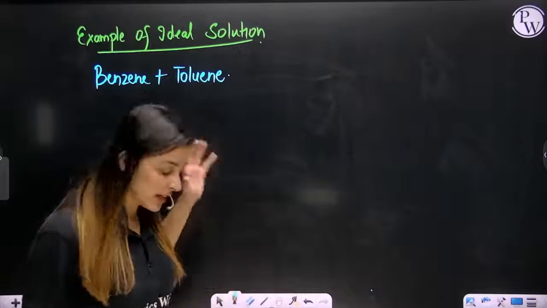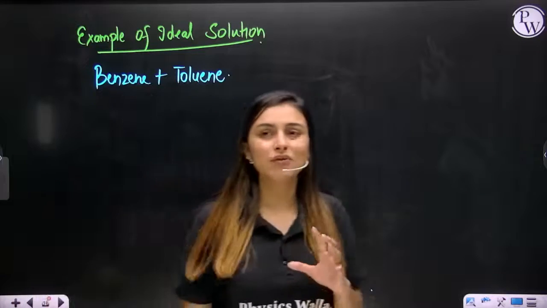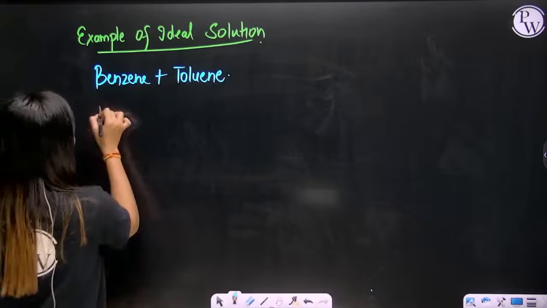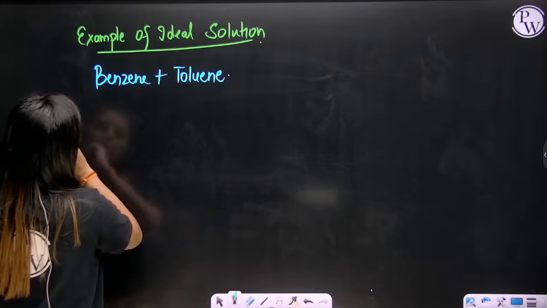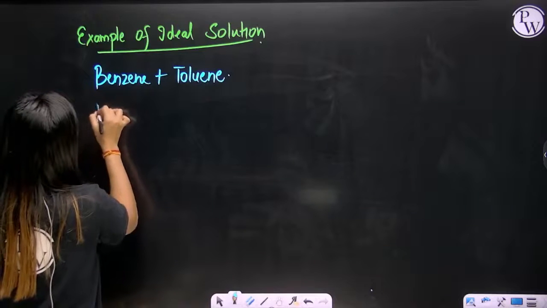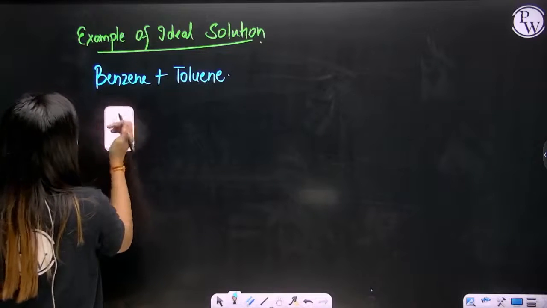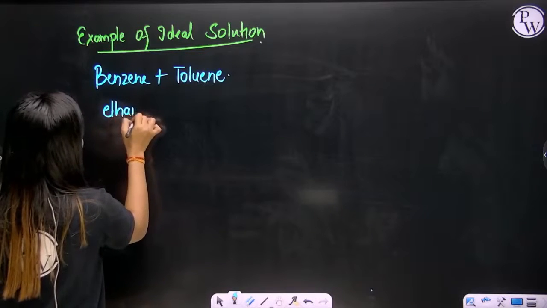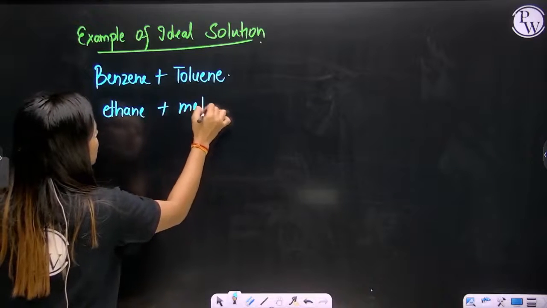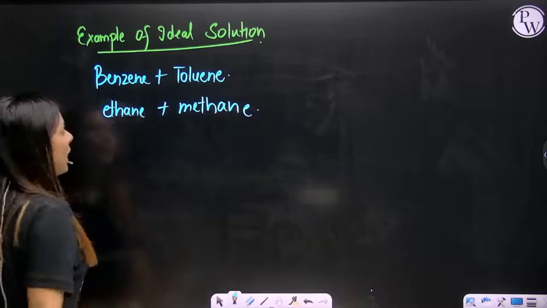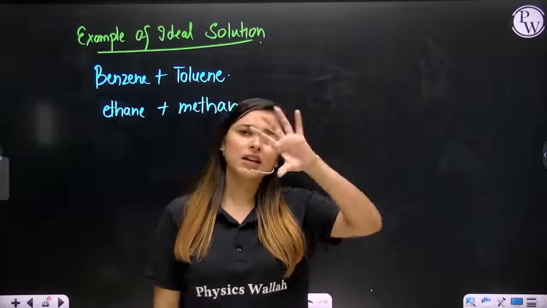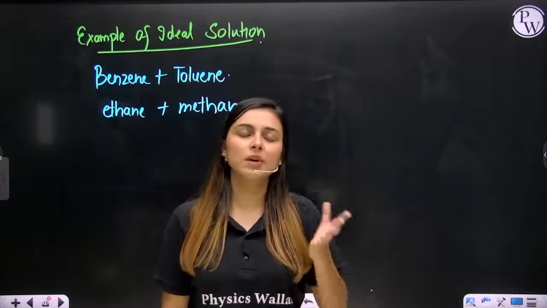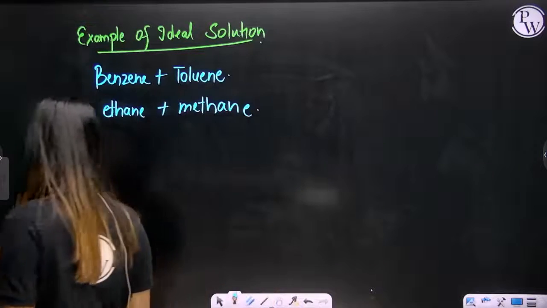Okay, so let's talk about ethane and methane. This will also be an ideal solution. So the solutions which have nearly the same interactions, mostly van der Waal interactions, they behave ideally. Okay, so this is how you can see the examples.